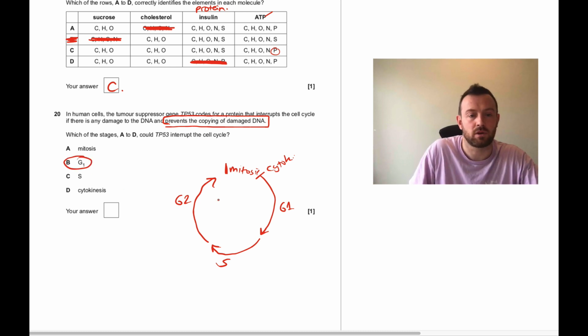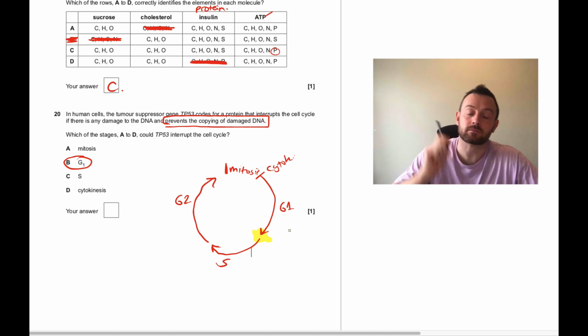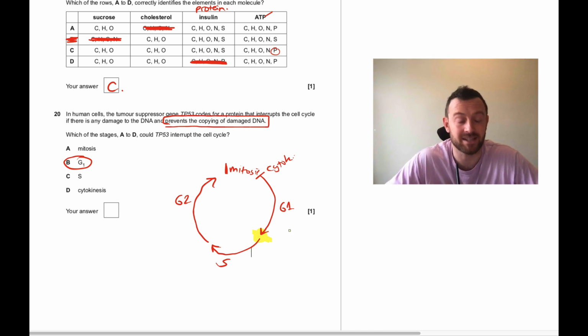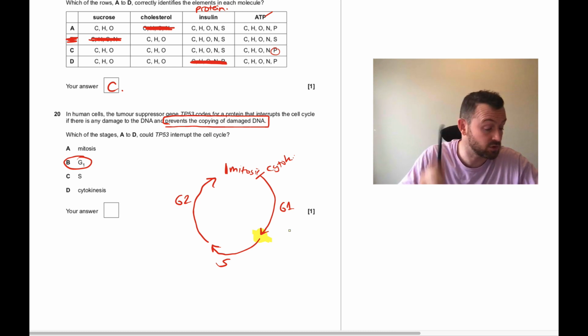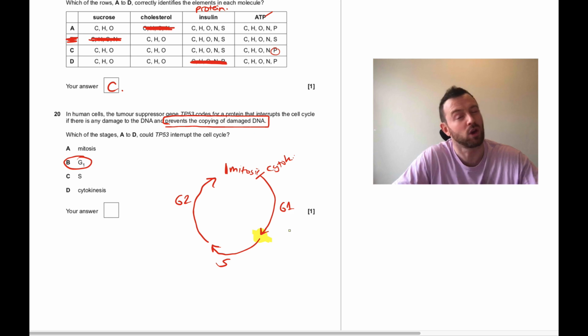And actually, if you really want to get technical, there's a G1/S checkpoint before we go into S phase, and that's where P53 is working. Right, okay, so that's the end of the multiple choice section. Pause if you want, and now we're going to get straight into the longer questions, okay?